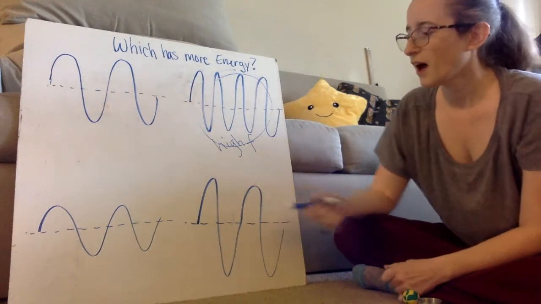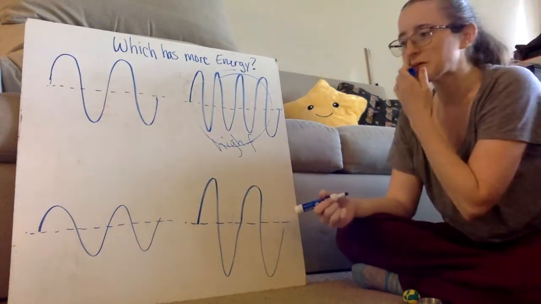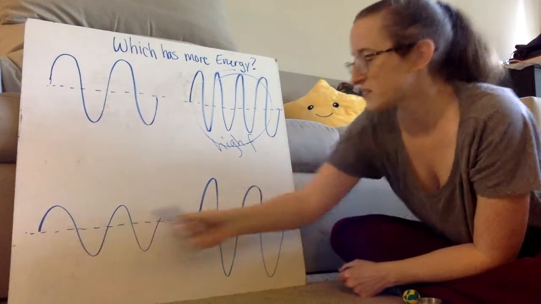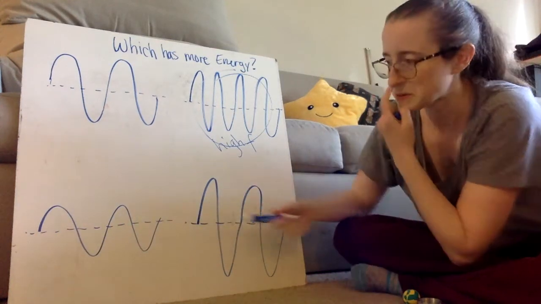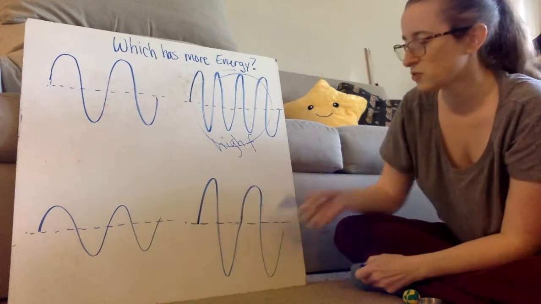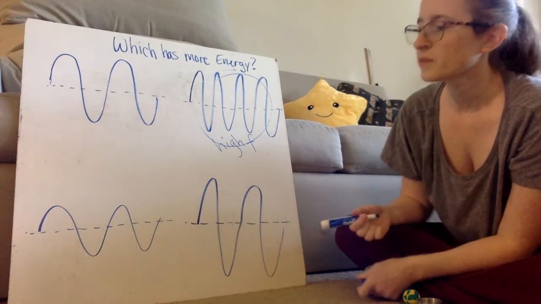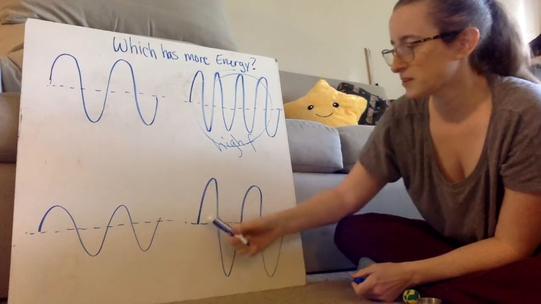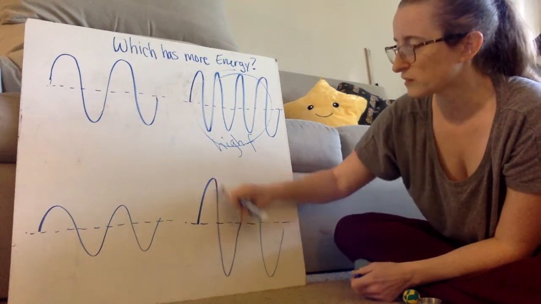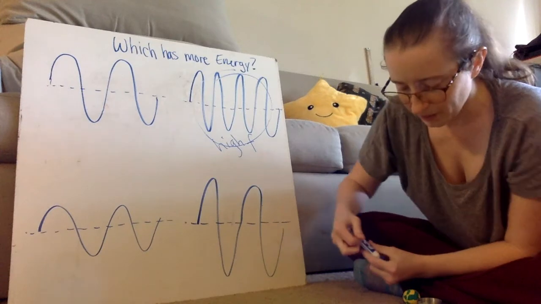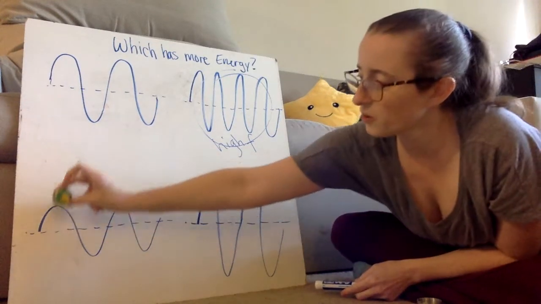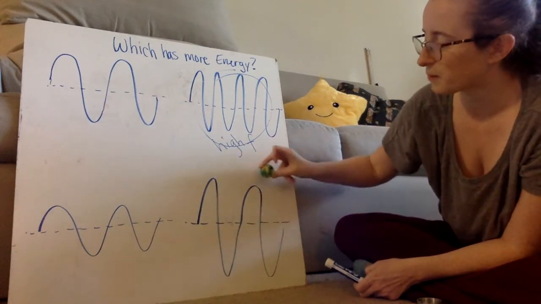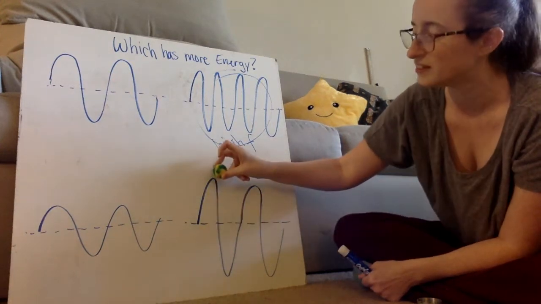But amplitude has a part to play in this as well, because if I have the same frequency in both waves, so here I have two waves and two waves here, the amplitude in here is not as high, whereas the amplitude here is much larger. The wave looks taller. And that means that if this is my little particle that's vibrating, in the same amount of time, it has to vibrate a greater distance.